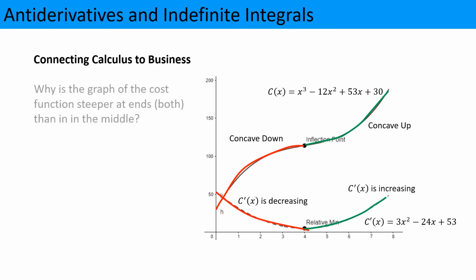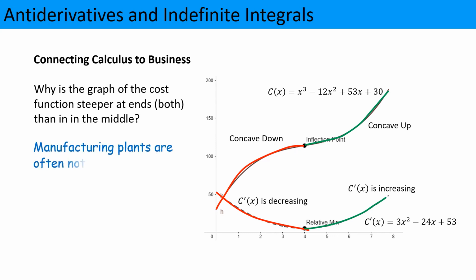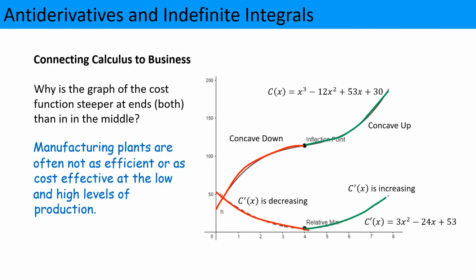Why is the graph of the cost function steeper at both ends than in the middle? Here we get a business explanation for the calculus output. Manufacturing plants are often not as efficient or as cost-effective at the low and high levels of production.